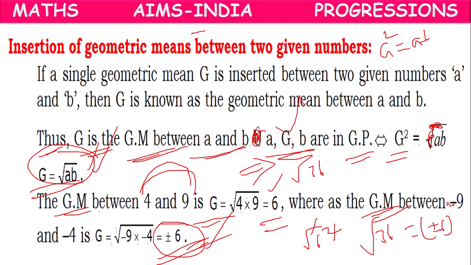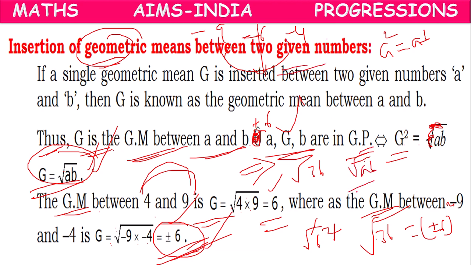Because between minus 9 and minus 4, we cannot keep plus 6. So in this case, the answer is minus 6. So based upon the given terms, it may be plus 6 or minus 6. In this way, we can insert a geometric mean between two given numbers. We just have to take the root of the product of the two given numbers, and this will be considered the geometric mean between them.